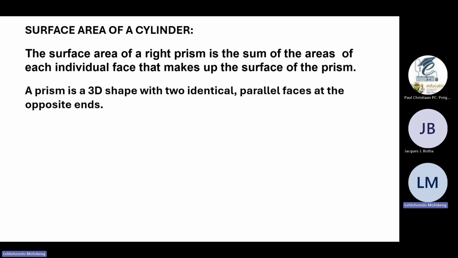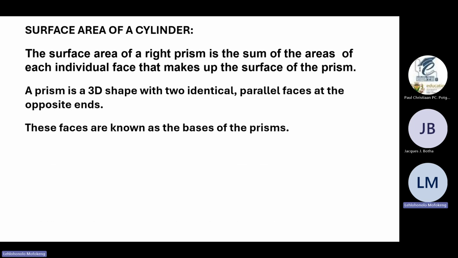Again, I want to reiterate what a prism is. A prism is a 3D shape with two identical and parallel faces at the opposite ends. So each and every prism will have two faces that are identical and parallel.